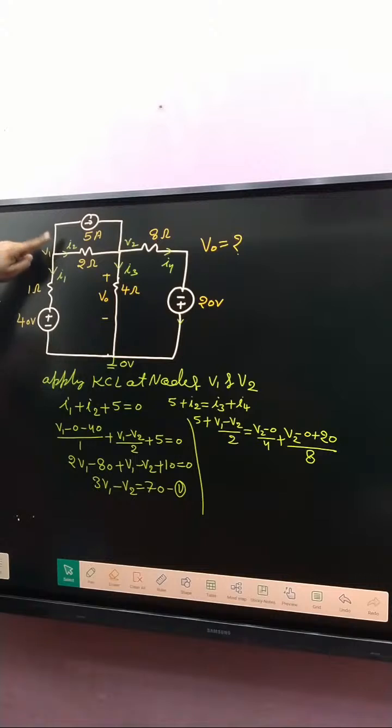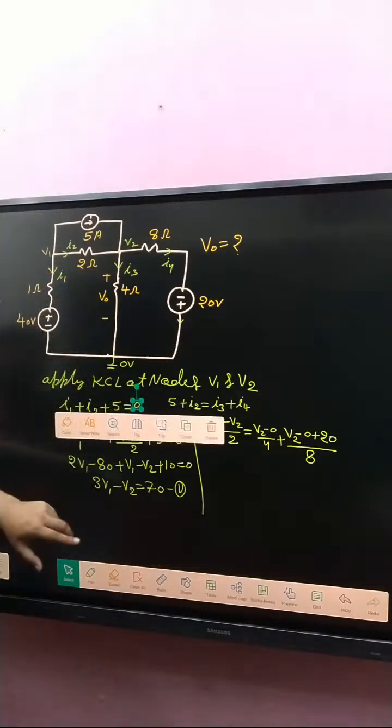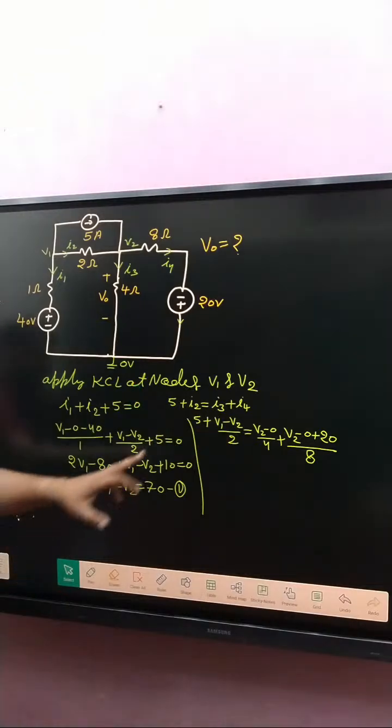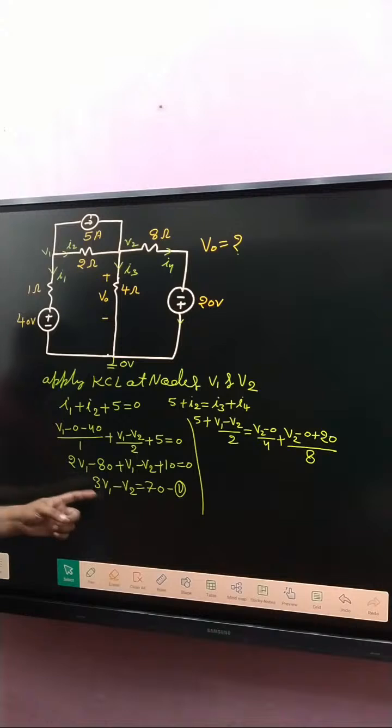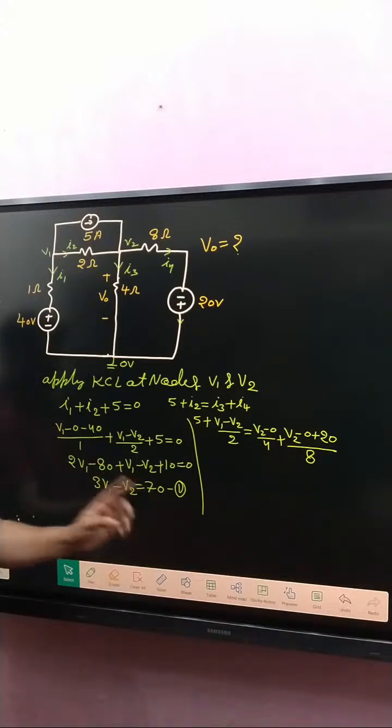So I1, I2 and 5 will equal 0, because there is no incoming current at that node. That's why 0. Okay. Now look here. And after solving these, we got that one.